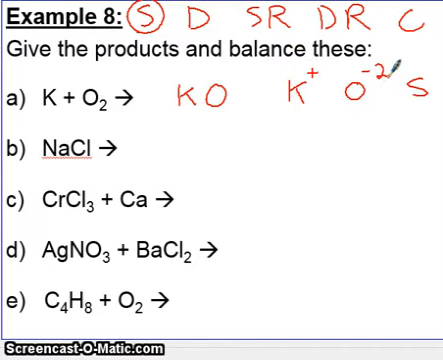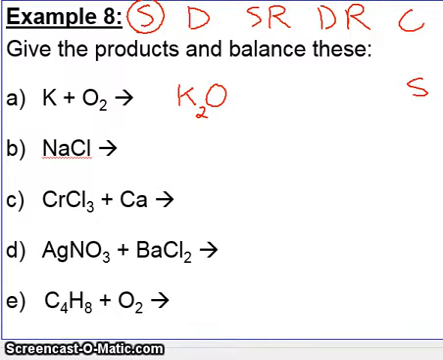And when we balance the two, we have to make sure the charges balance out, which means we need 2 potassiums for every 1 oxygen, which means there should be a 2 down here. You have to do this sort of thing with ionic compounds whenever you're writing products. And this is really important. In fact, you'll get the answer wrong unless you do this. So these are the products.